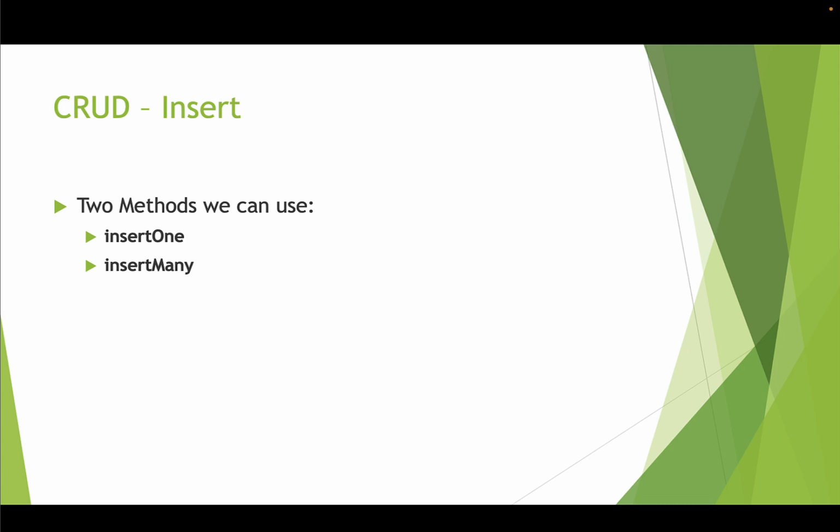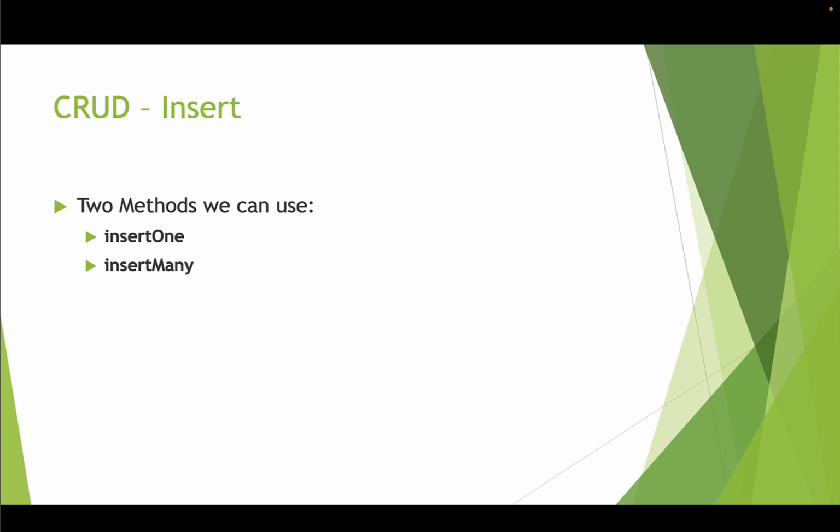When you do a CRUD operation, insert is one of the most important things because you need to insert your records or documents in NoSQL. Primarily there are two methods we can use. One is insertOne, which fundamentally inserts one document at a time. The second method is insertMany, which means you can insert more than one document at a given point in time.